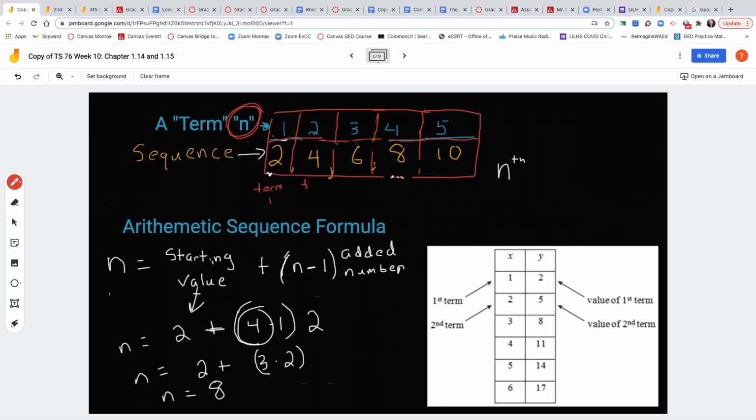This is term 2. And this is term 3. So I wanted you to get used to this idea that you can label each of the terms in a sequence, like term 1, term 2, term 3.